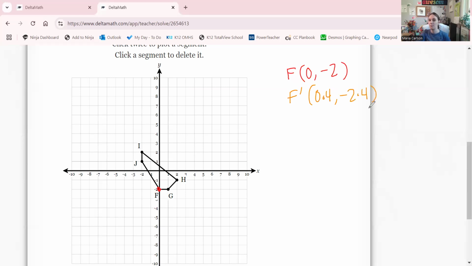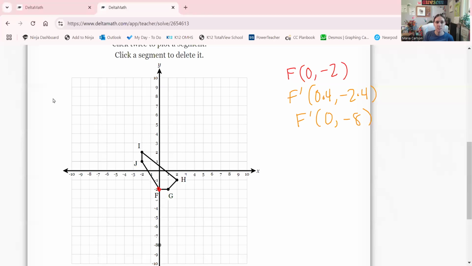You're really taking that point and multiplying the x and the y by 4. So F prime is the point 0, -8. I'll plot it with my mouse. That's our F prime.